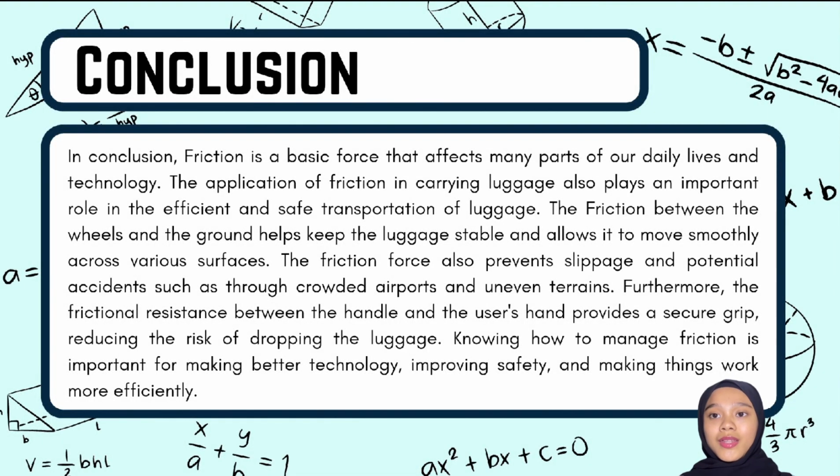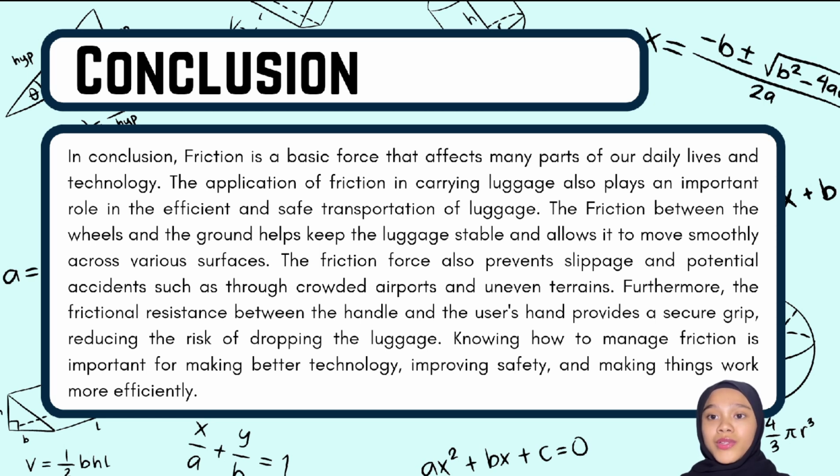In conclusion, friction is a basic force that affects many parts of our daily lives and technology. The application of friction in carrying luggage also plays an important role in the efficient and safe transportation of luggage. The friction between the wheels and the ground helps keep the luggage stable and allows it to move smoothly across various surfaces.